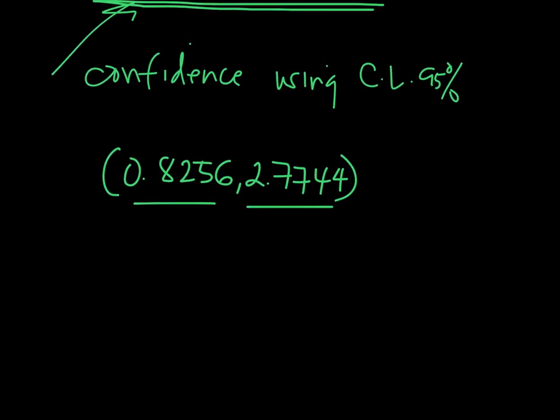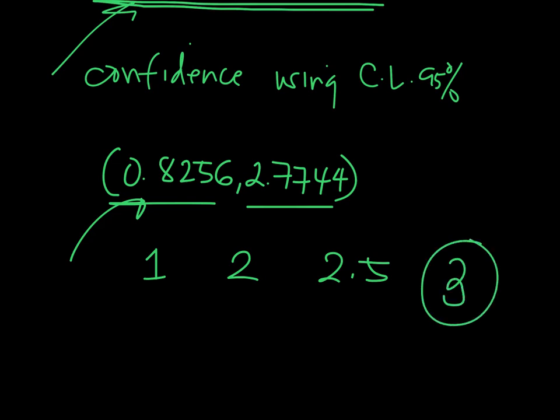They could differ by maybe 1, because that's in between these two numbers. They could differ by 2, they could differ by 2.5, but they cannot differ by more than 2.7, like 2.8 or 3, because 3 is already outside the confidence interval.